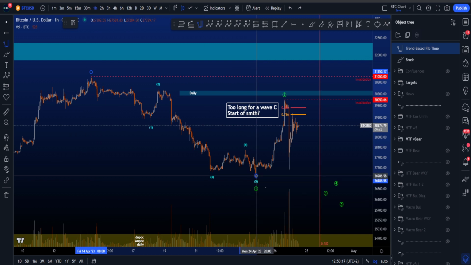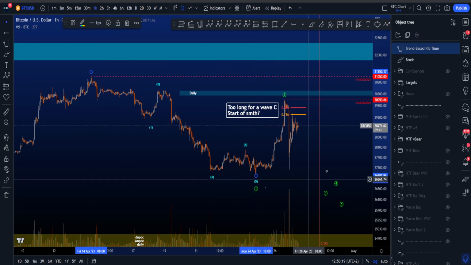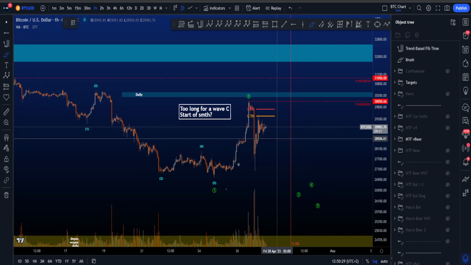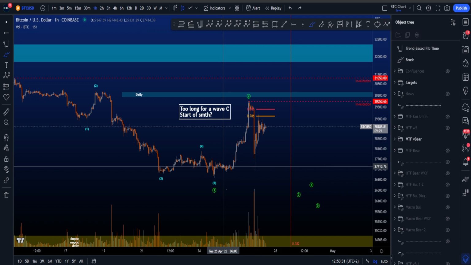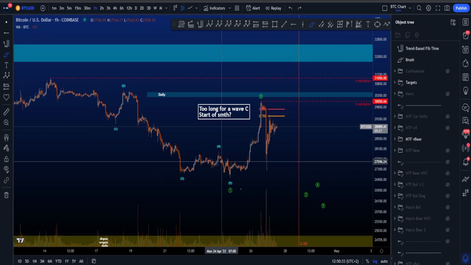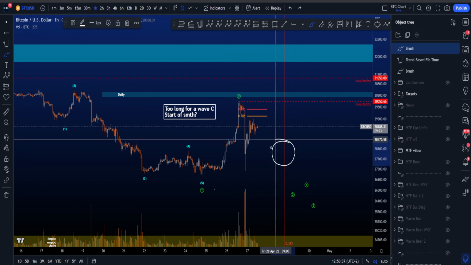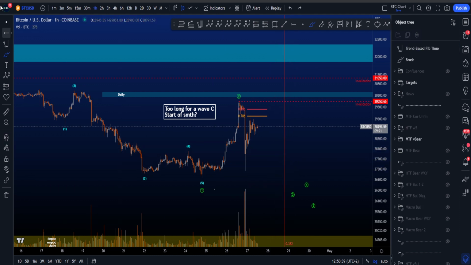the low over here, you can see that now the 382 is over here at about Friday the 28th of April at 8 p.m. Or actually a little bit earlier, 7 p.m. Central European time. And as you can see, this wave 2 is incredibly short compared to wave 1. Usually a wave 2 is at least around the 0.382 Fib time.